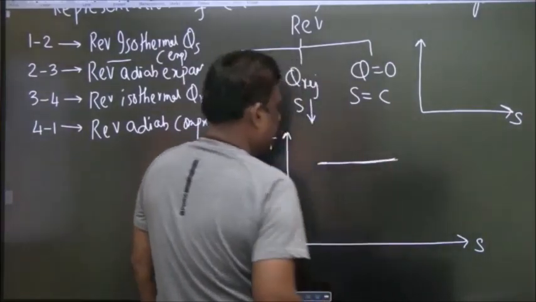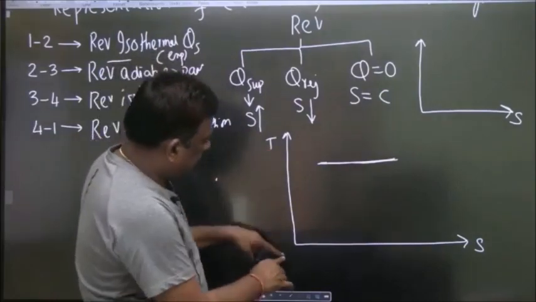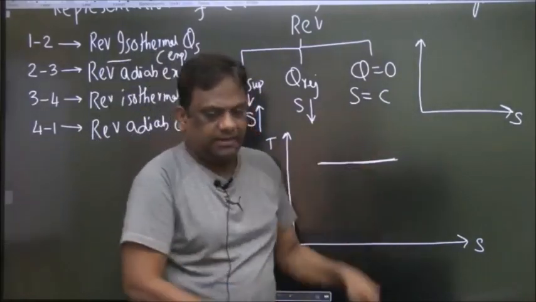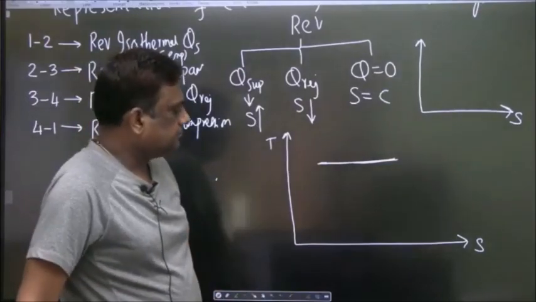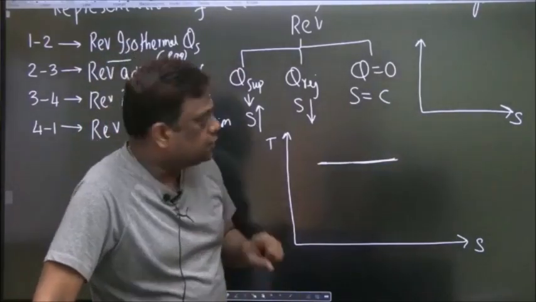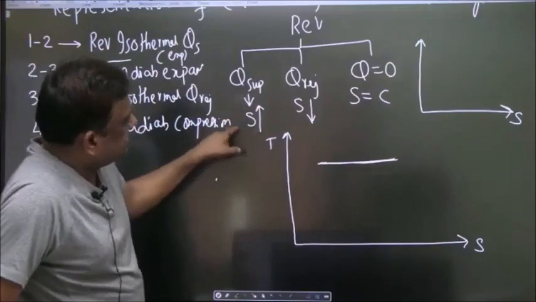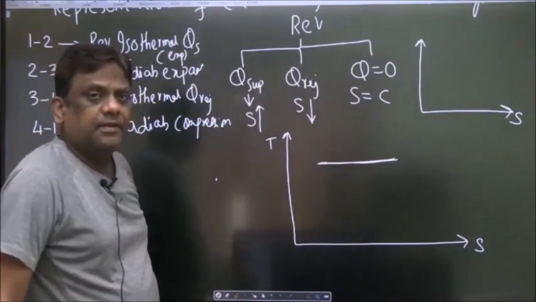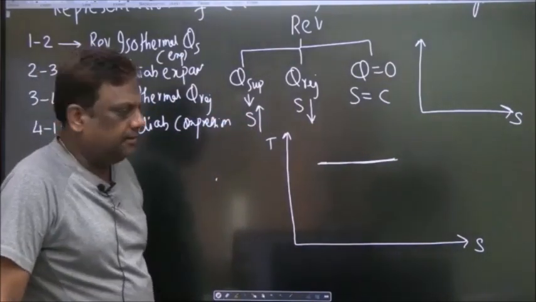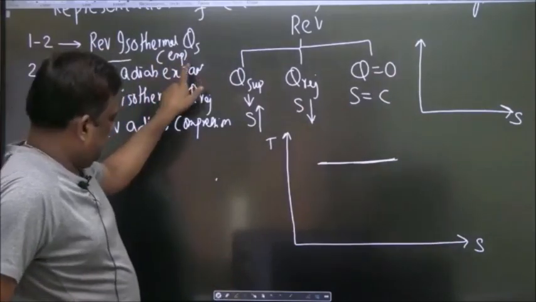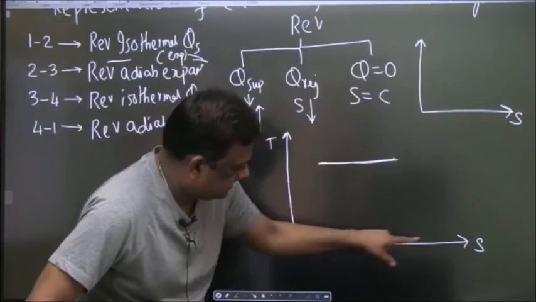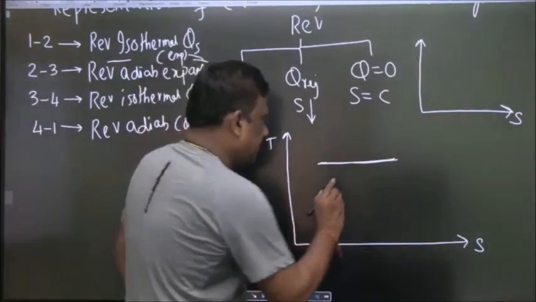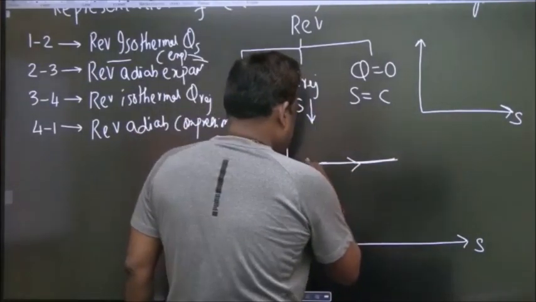So on the TS diagram, this is isothermal. Now, isothermal heat supply. When heat is supplied, the entropy is increasing. Therefore, it is 1 to 2.